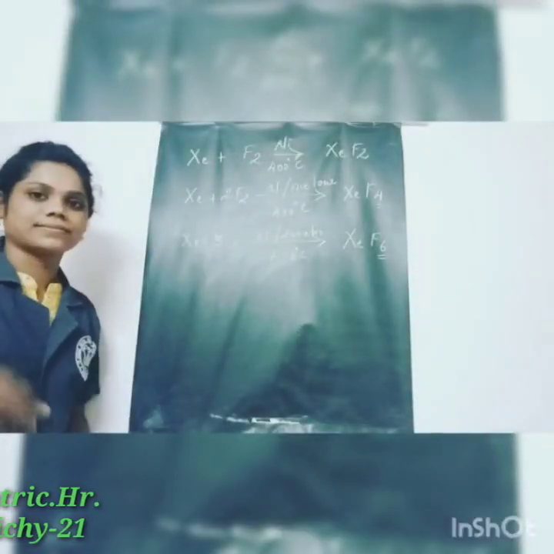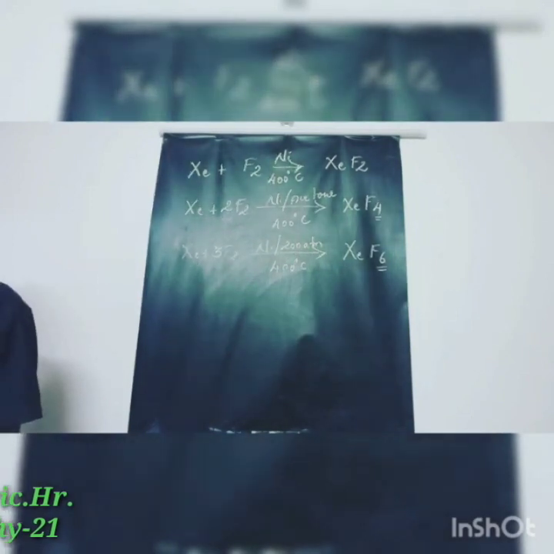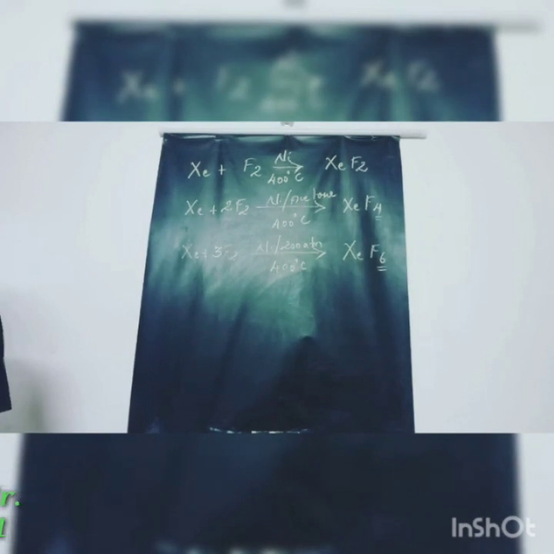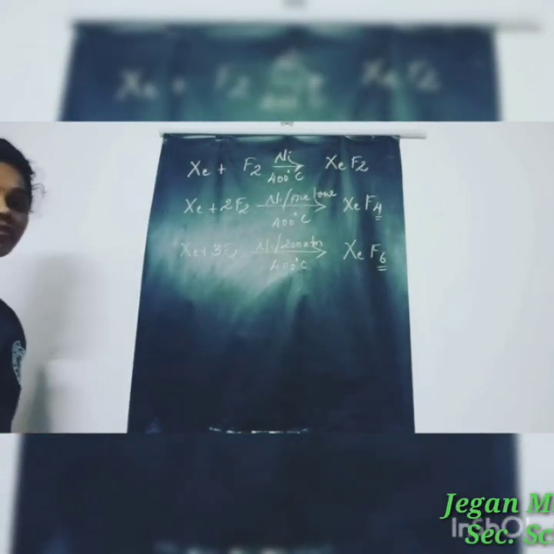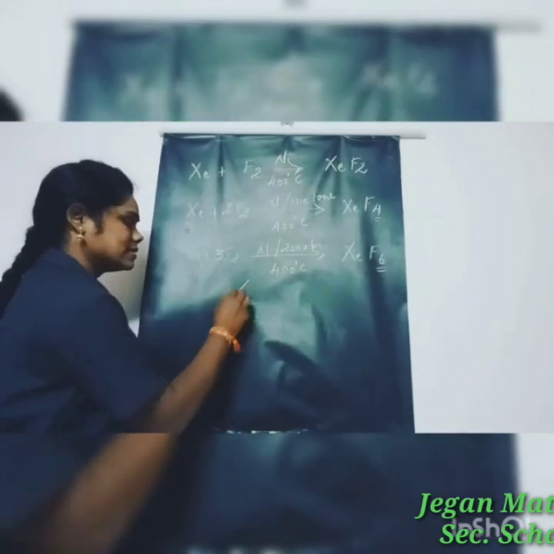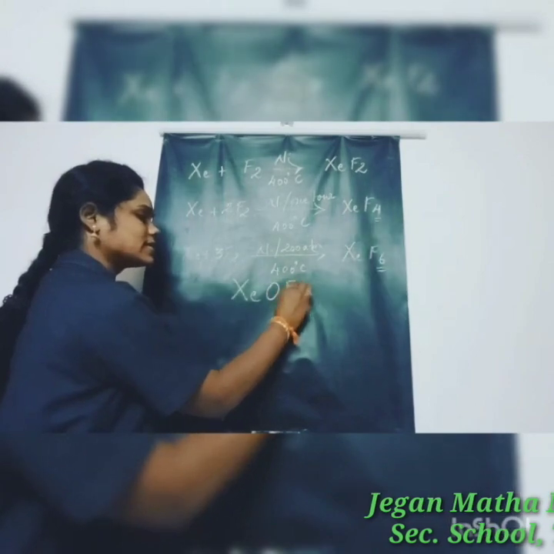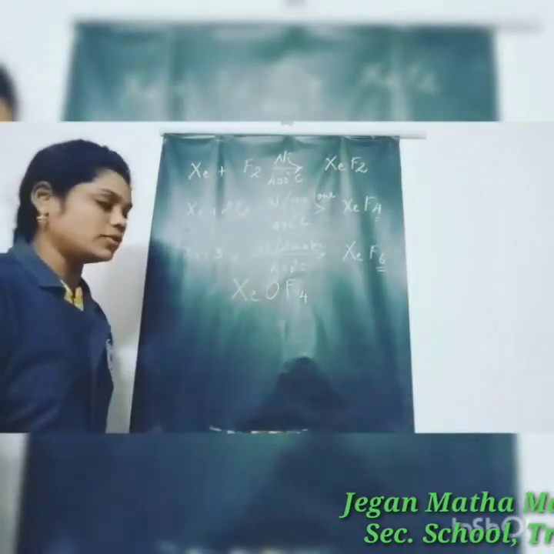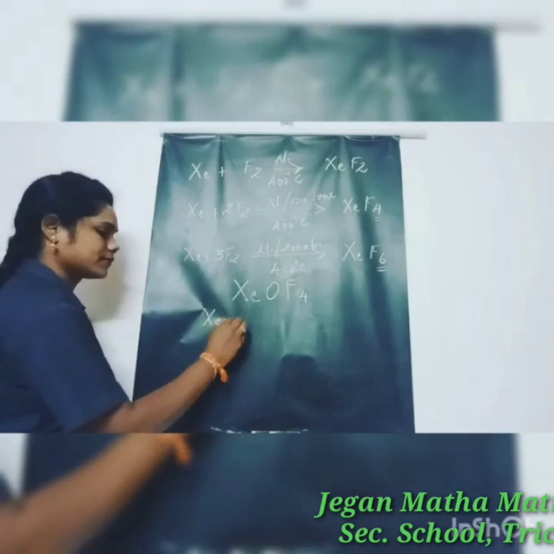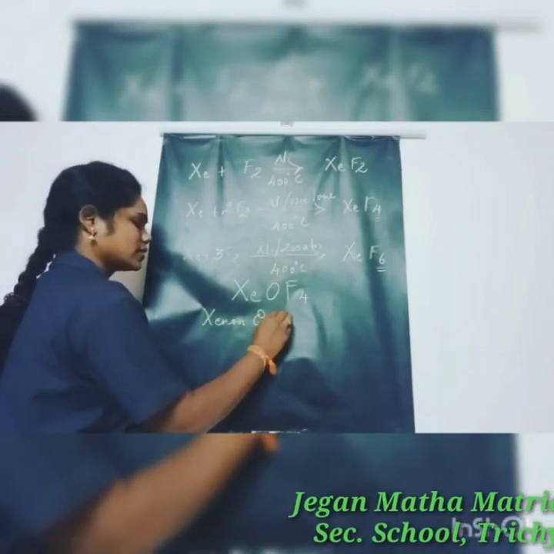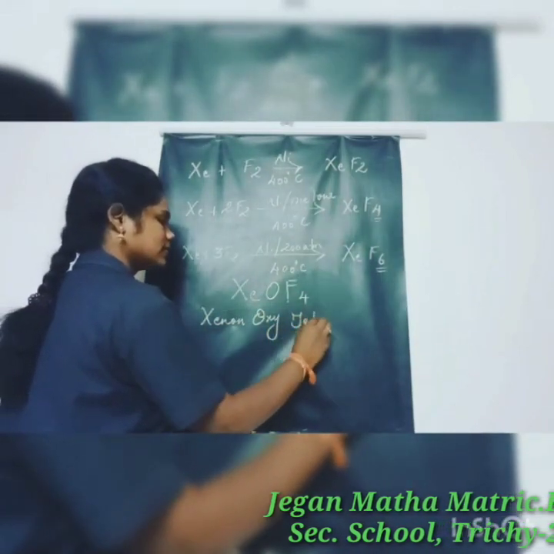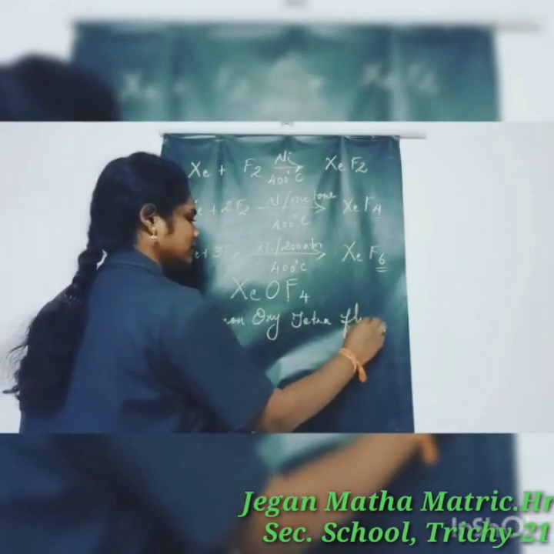And next one is when xenon hexafluoride is heated at 50 degrees Celsius in a sealed quartz vessel, it forms xenon oxytetrafluoride. So tetra represents 4 times, so 4 times of fluorine. So this is xenon oxytetrafluoride.